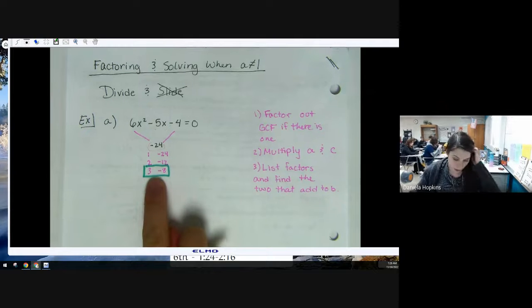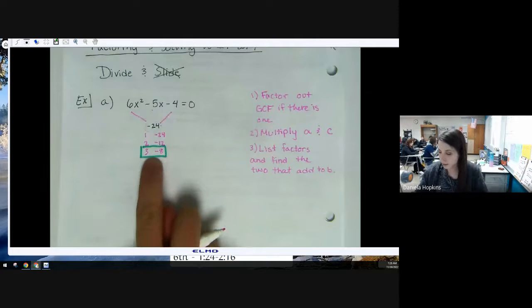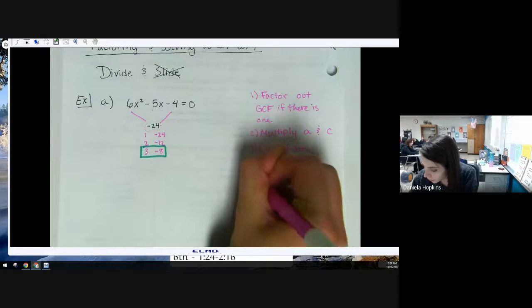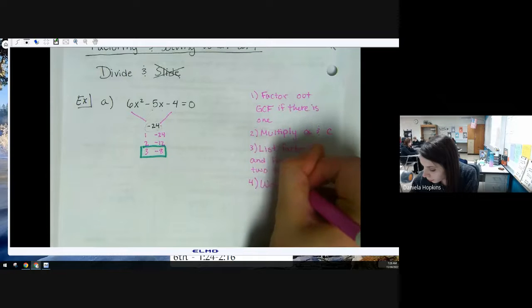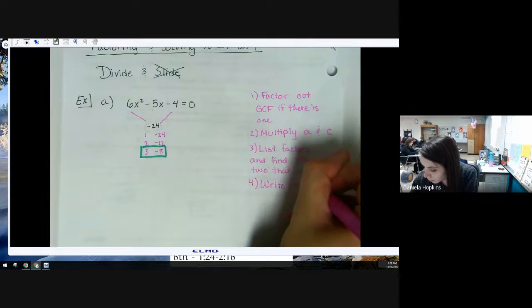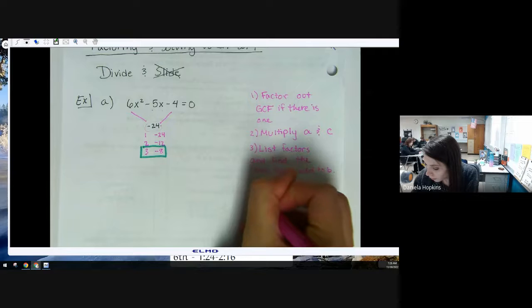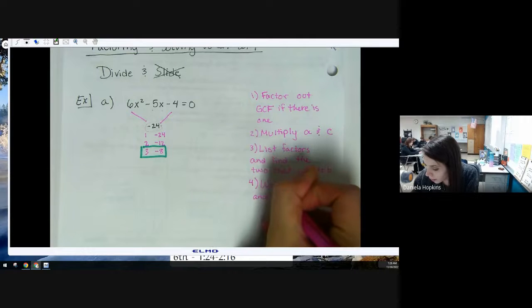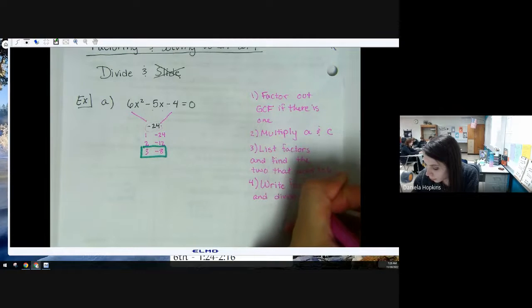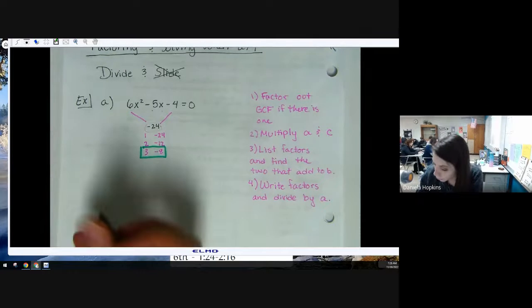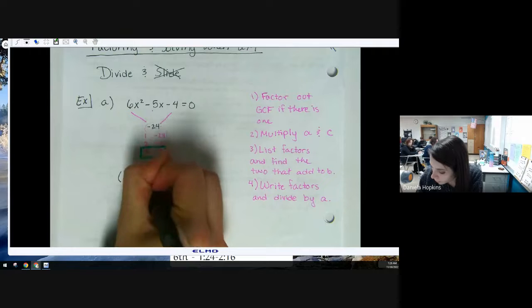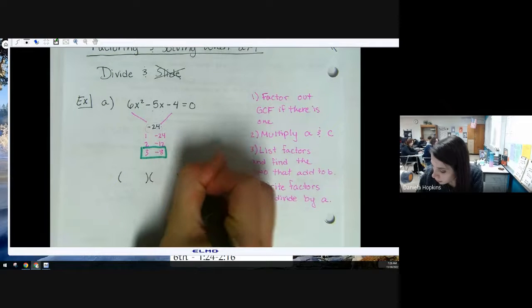And here's where I'm going to do the slide and divide a little bit different than I did it yesterday. So for our step 4, I'll say write factors and divide by our a term. What I mean by that is when I say write factors, those are our parentheses that are being multiplied to equal 0.